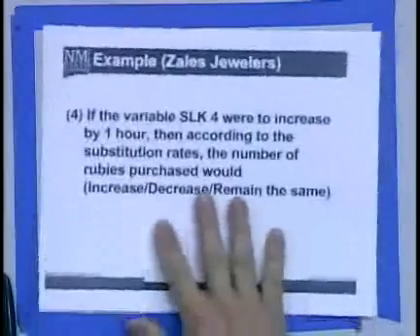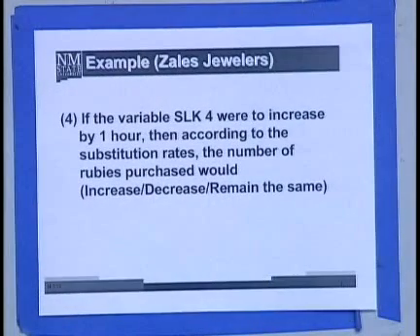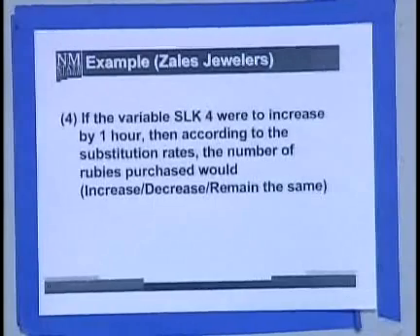Okay, then what about the next question? If the variable slack 4 were to increase by 1 hour, then according to the substitution rates, the number of rubies purchased would increase, decrease, or remain the same.